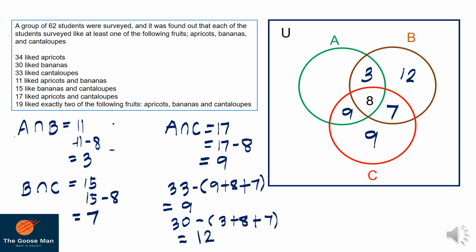The next one is for 34 like apricot. Since I have 34 for the entire apricot, but I have already 9, 8, and 3, I'll subtract the sum of 9 plus 8 plus 3.